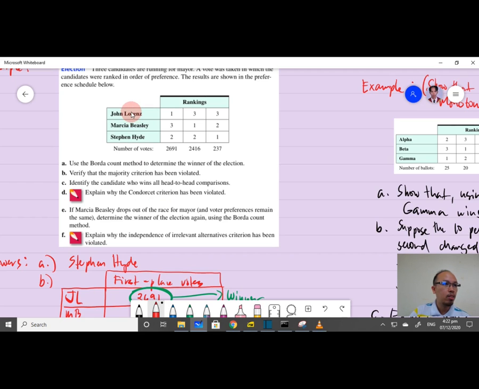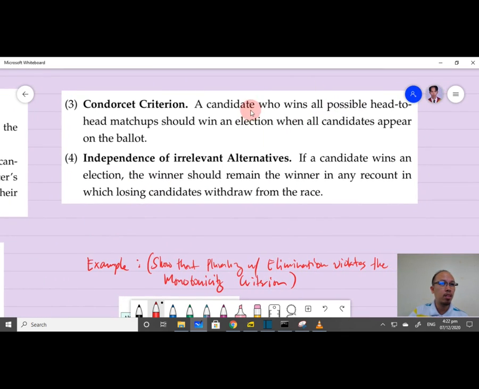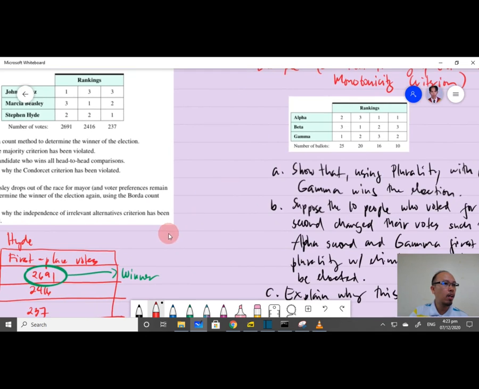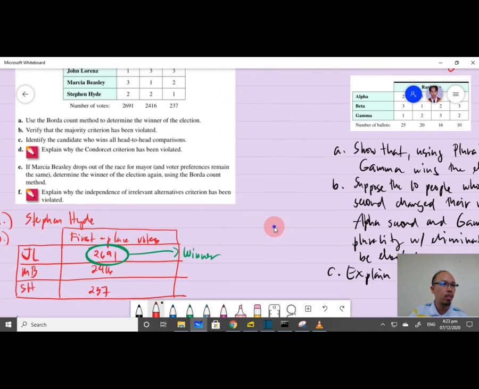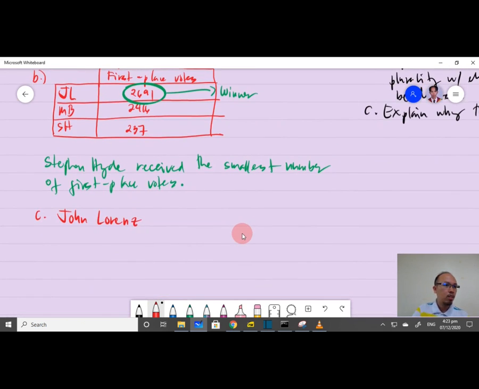If you look at the definition of the Condorcet criterion, it says that a candidate who wins all possible head-to-head matchups should win an election when all candidates appear on the ballot. Okay, so if the winner is Stephen Hyde, then it will not violate the Condorcet criterion. So the answer for letter D is here. Verify this one at home.